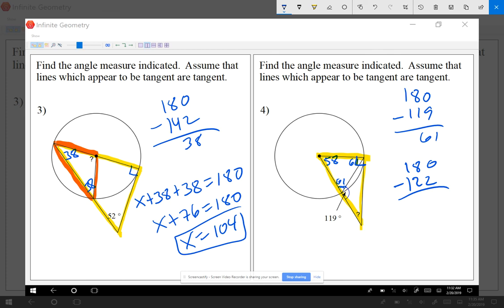So I'm just going to go 58 plus 90 plus x is equal to 180. 58 plus 90, that's 148. So I have 148 plus x equals 180. Subtract 148 from each side, and you're going to end up getting 32. In order for you to use a triangle, you need to know two angles in order to find the third angle.